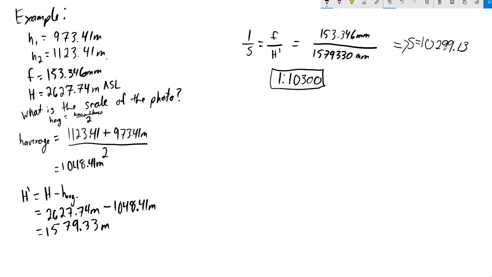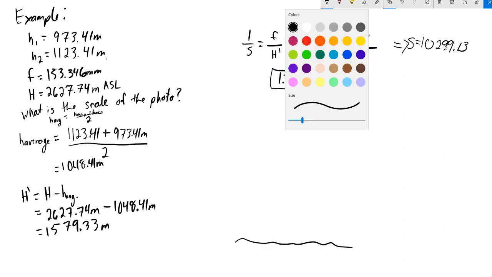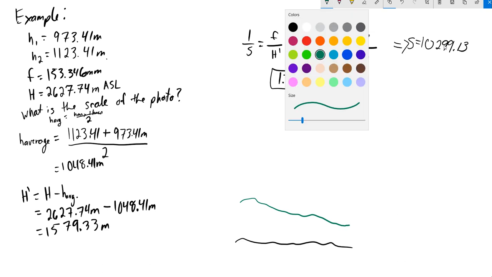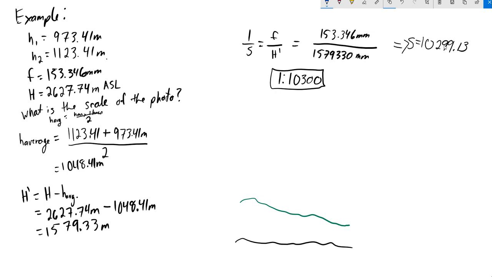So I'm going to draw a quick picture here just so that you can see what's going on with this. I have my geoid that's below, and then I have my surface like that, and then I'm going to have my flight.